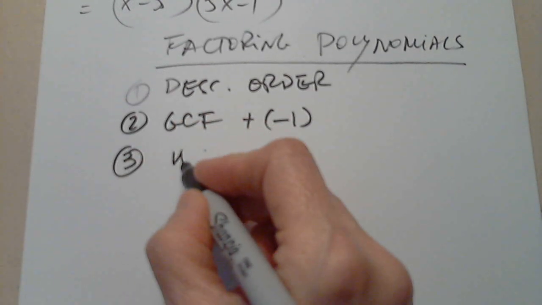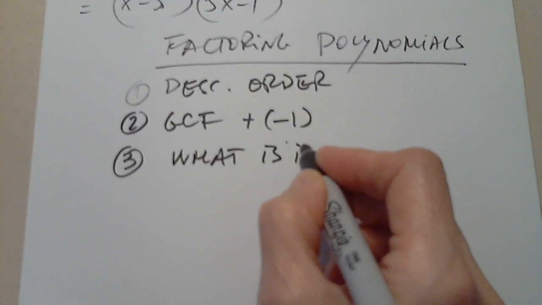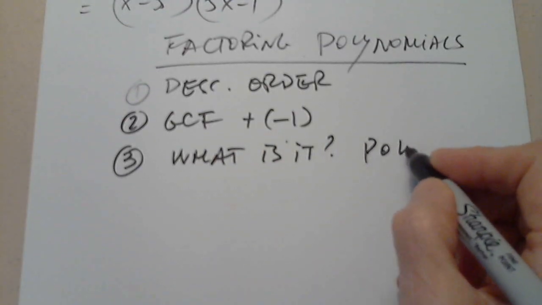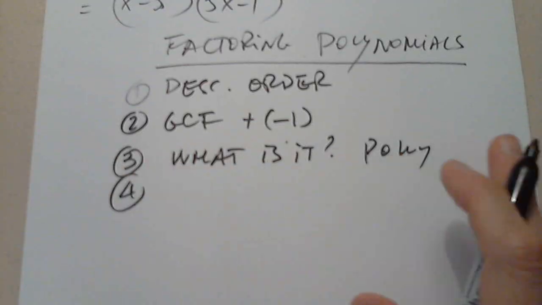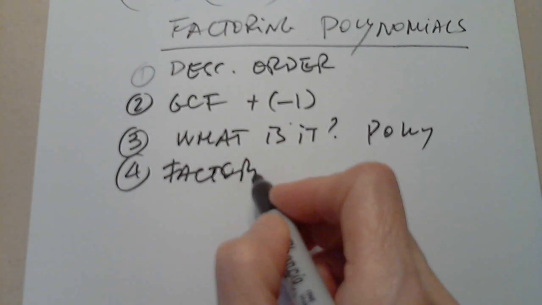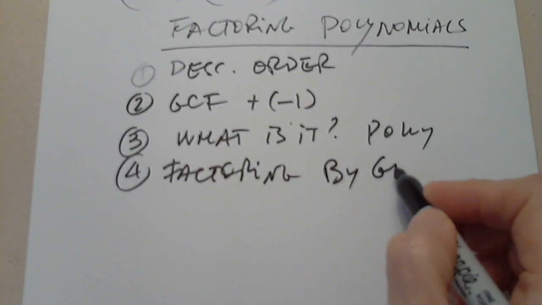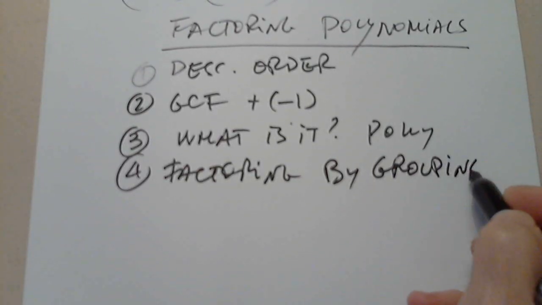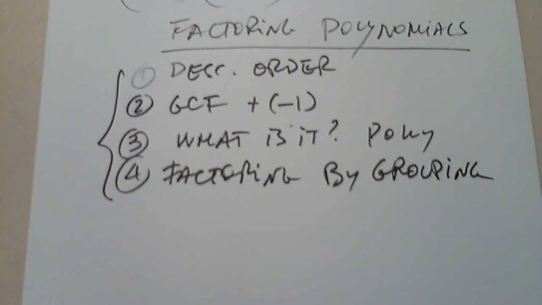Number 3, what is it? And you will say polynomial. And number 4, no special products, so factoring by grouping. That's the easiest of all.